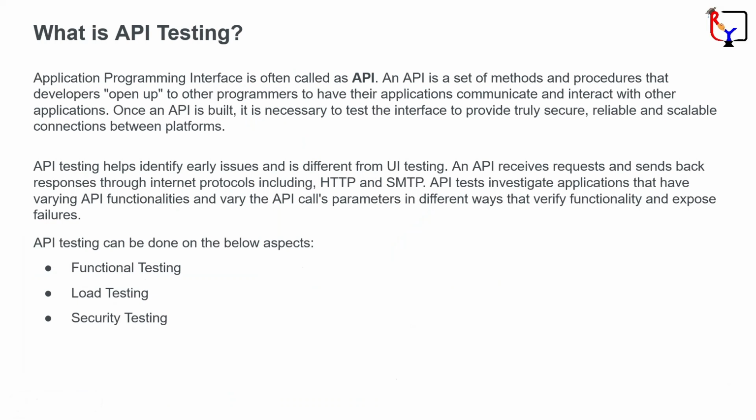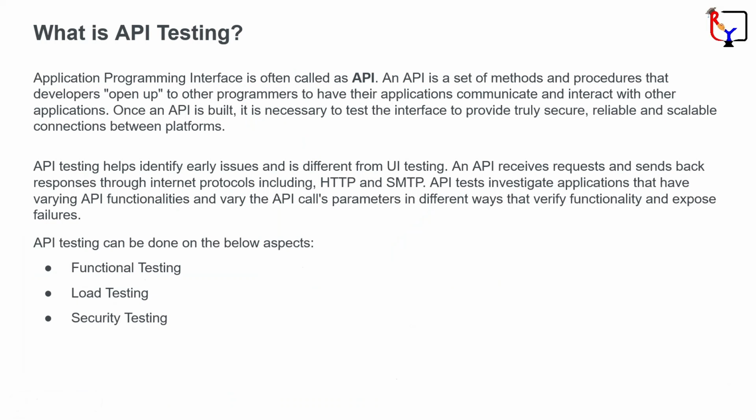I have already shown in the previous video how the developer creates an API by a Java program. Please watch the previous video to get an understanding about the API.